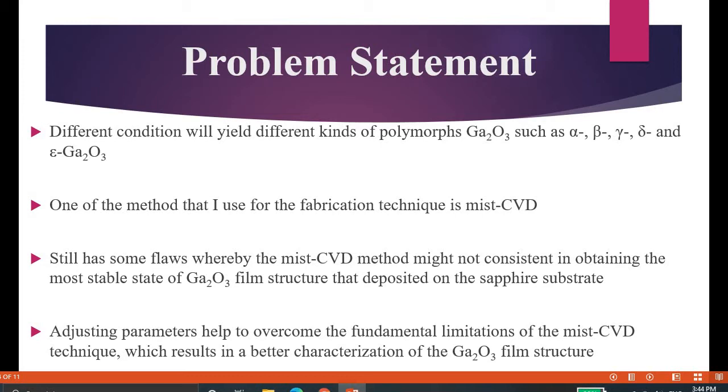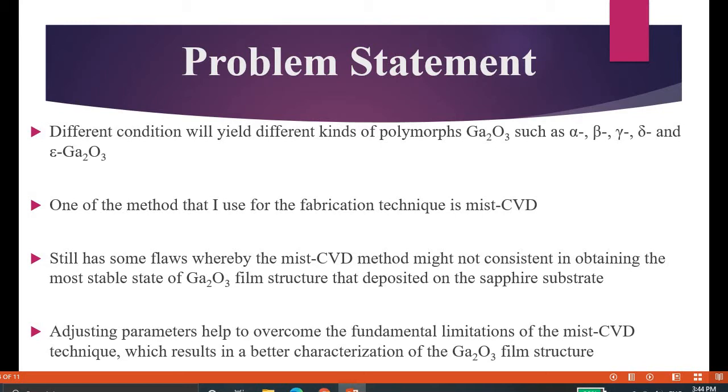Actually, the gallium oxide thin film is considered to be in a metastable state. In this state, the gallium oxide is not stable enough to determine whether it is alpha or beta. Therefore, we need to do UV-Vis and also XRD in order to determine the specific polymorph at the end of the day.